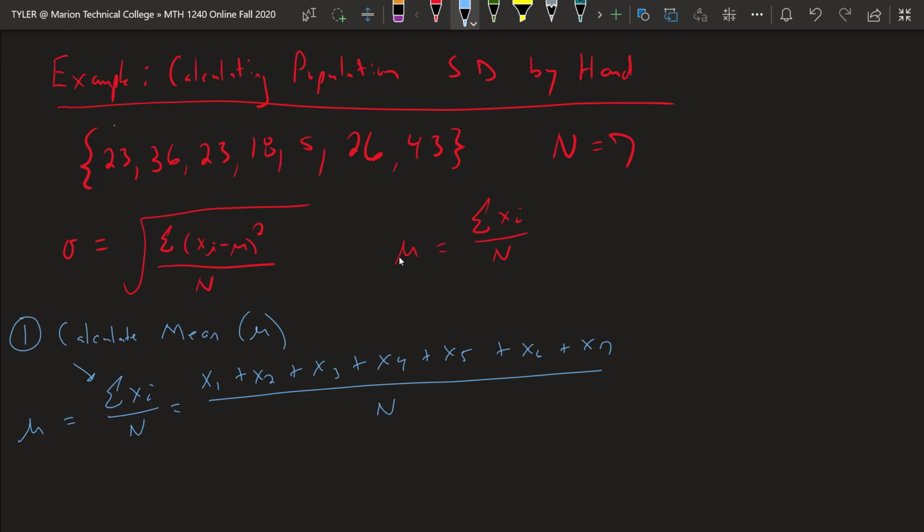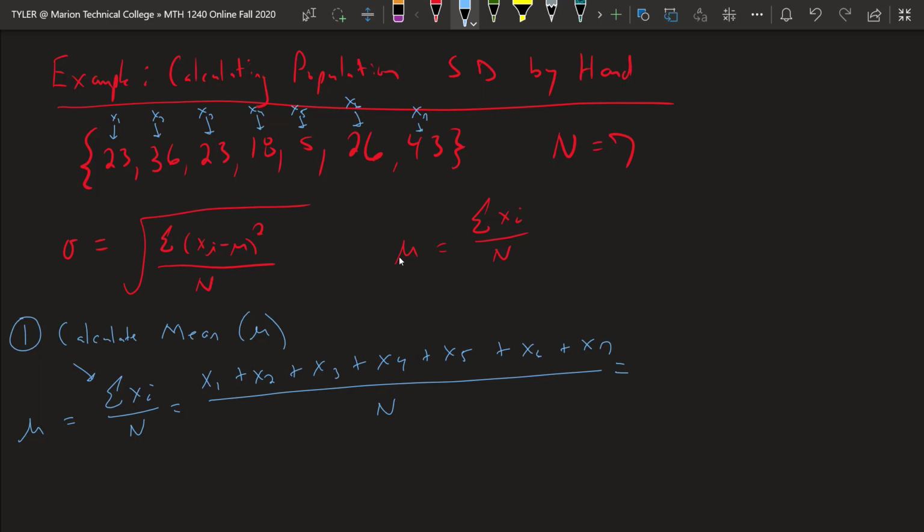Remember also that this is x sub 1, this is x sub 2, so we're naming our data with these subscripts, for the first piece all the way through the last piece, the seventh piece.